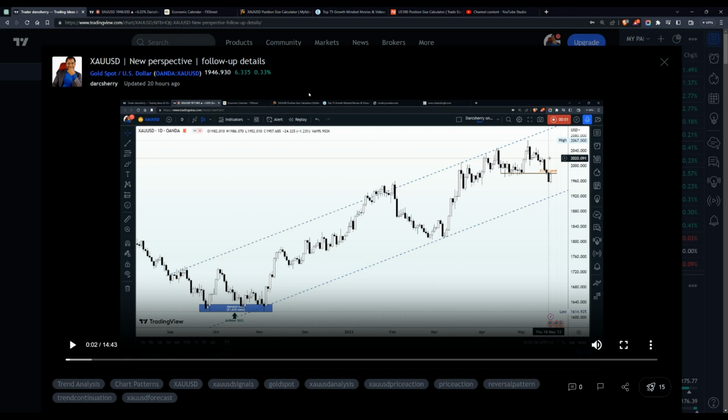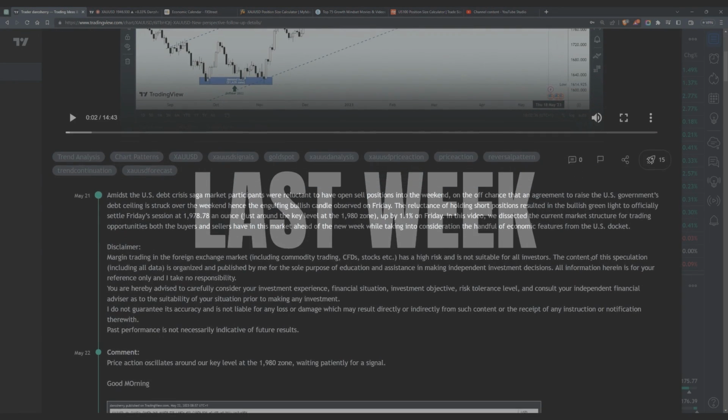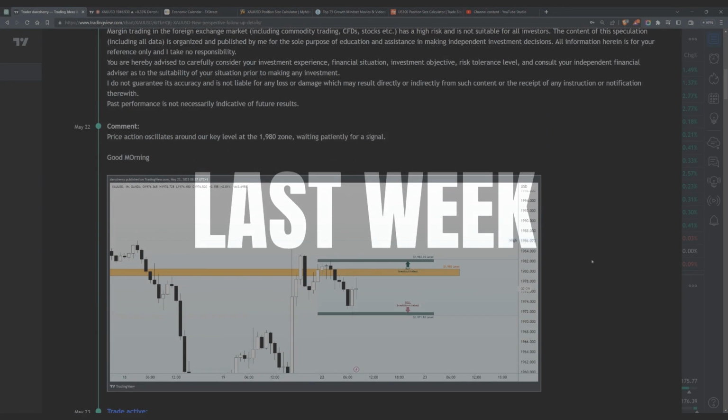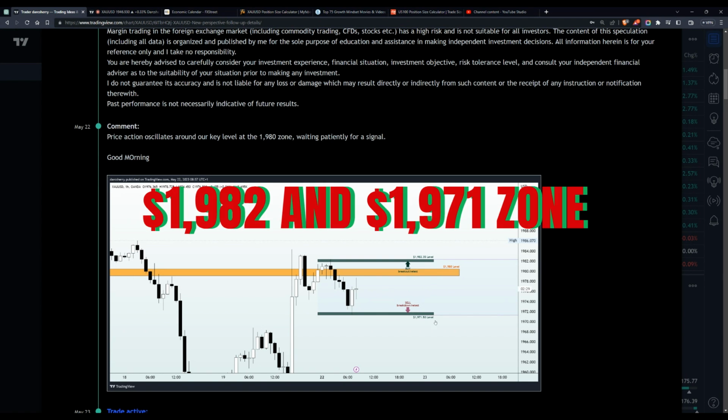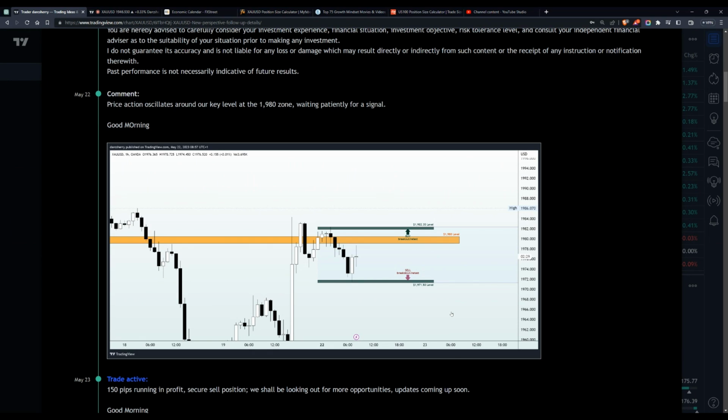So, talking about last week, we started the week with a choppy situation where price action was initially ranging between the 1982 and the 1971 area. And coupled with the fact that price action was trading just right below the key level we identified at the beginning of the week, we were looking forward to a bearish momentum.